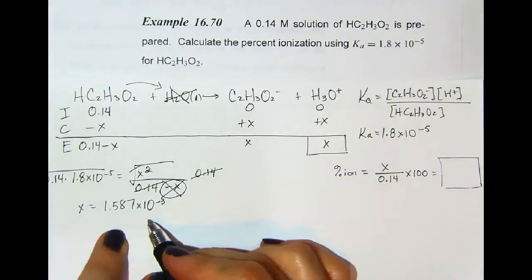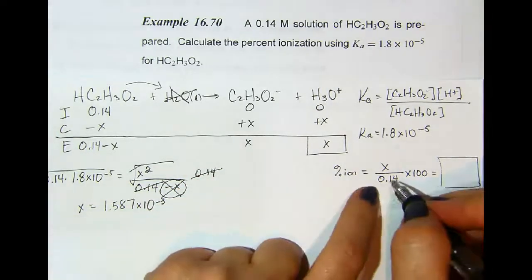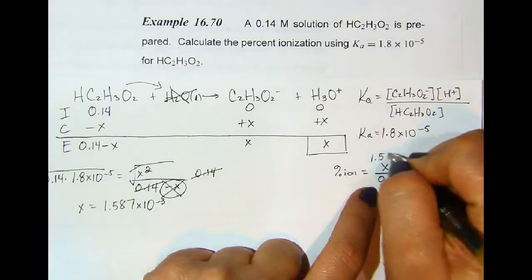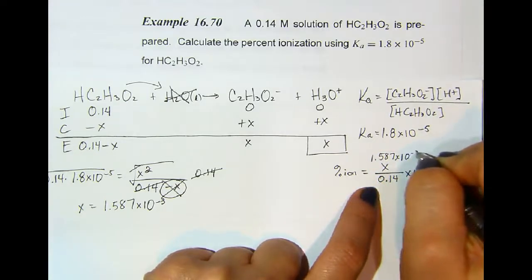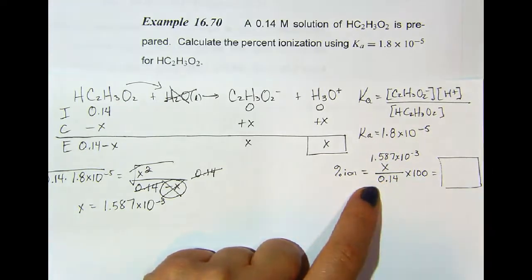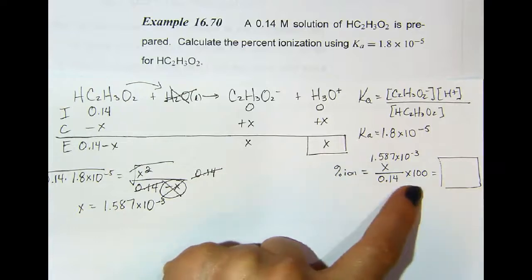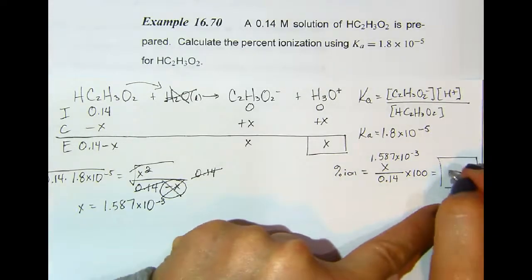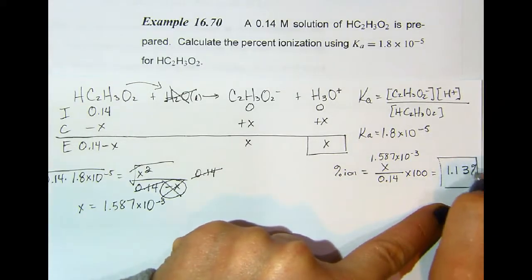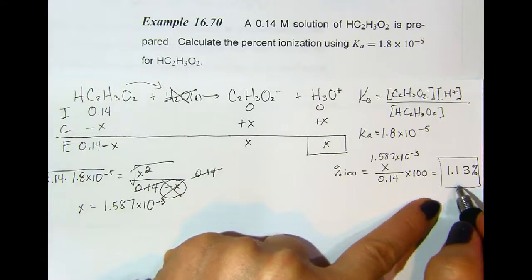And so now that I know my value for x, that can be plugged in here, 1.587 times 10 to the negative 3, divided by the original concentration times 100 is going to give me a value of 1.13%, which is the percent ionization.